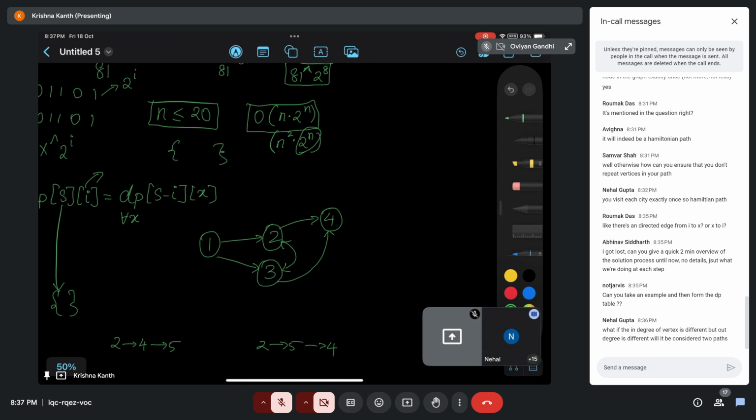But over there also it's going to three, and then to four. So will we consider two paths? Yes, if it is two different paths, of course. Otherwise, what you're saying, you'll only have one path from 1 to n. I hope your question is clear.